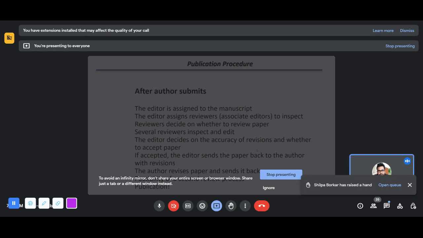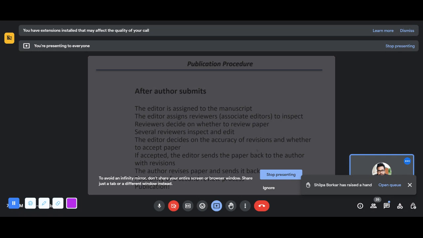If he or she finds some serious issue within the comments given by the reviewer, they will judge that and decide whether this should be sent for revision, or whether it can be rejected as well. It again depends on a case-to-case basis.